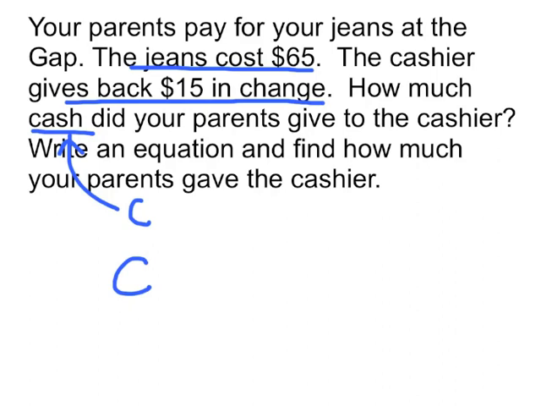And they paid for the jeans, which cost $65. So we had to take away $65, and that's going to equal what they got back in change, which is $15. To find out how much cash they gave the cashier in the first place, we want to do the opposite.